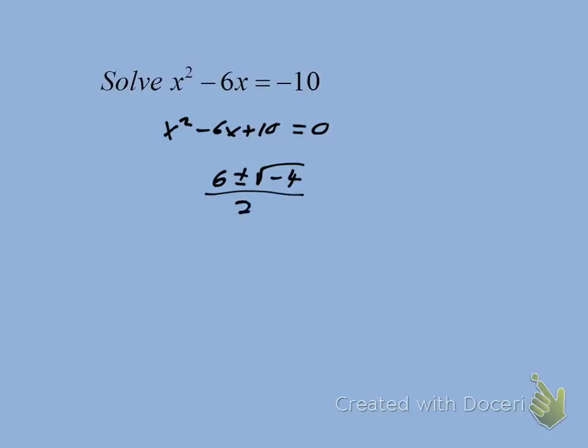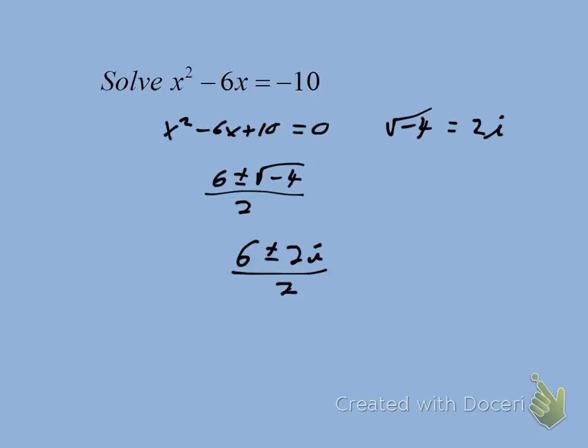Alright, all over 2 times 1, which is 2, right? Okay, so the square root of negative 4, since it's negative, you have that i. And what's the square root of 4? 2. Okay, so it simplifies down to 2i. So 6 plus or minus 2i all over 2.